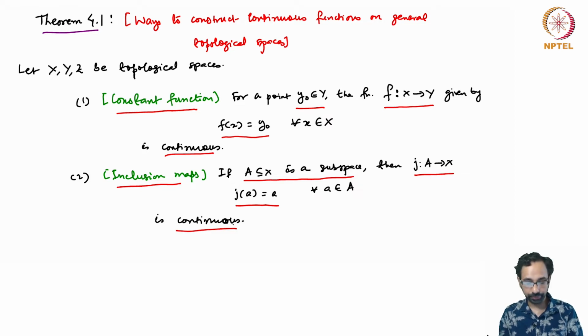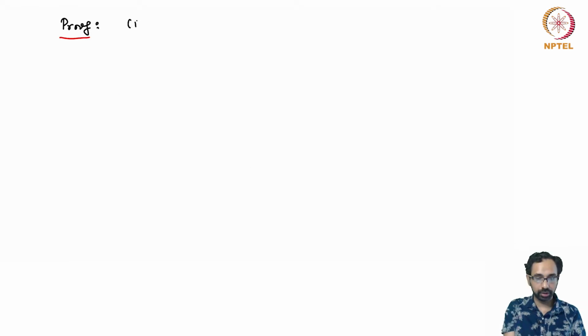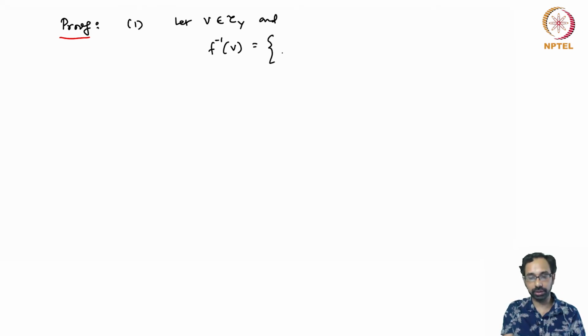So let us see the proofs of these statements. For the first one, let V be an open subset of Y, and then if you compute f inverse of V, because f is a constant function, you will have two possibilities.